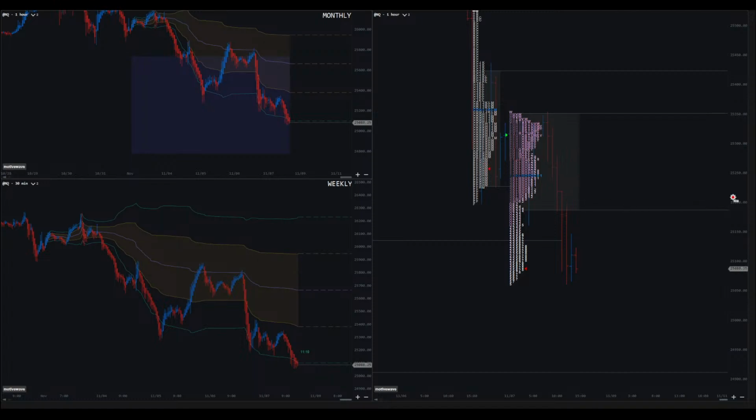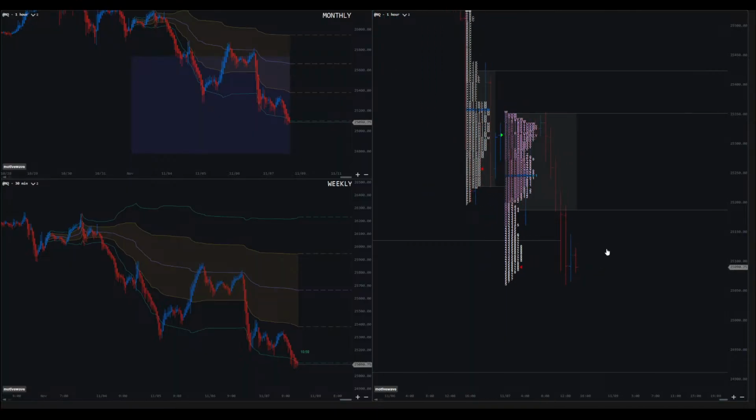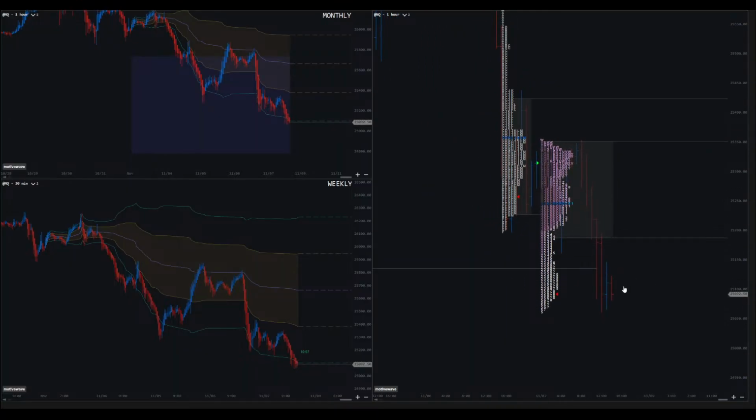On the long side, I guess going back above 200 is one way. Yeah, I'm not entirely sure. I'm gonna lean on my intraday read, whether we are going to be trendy or directional.